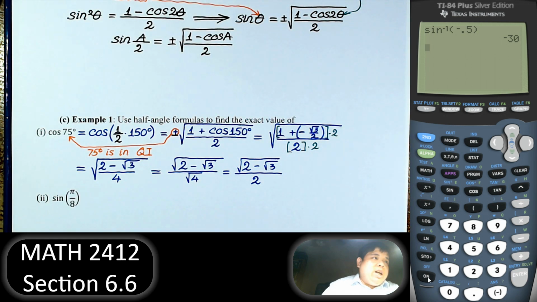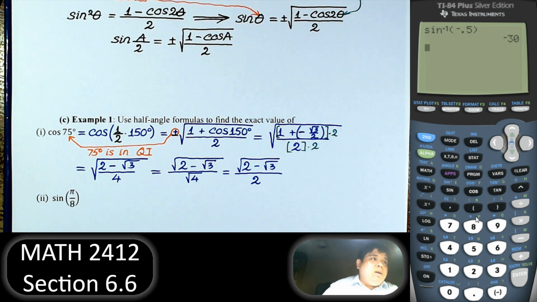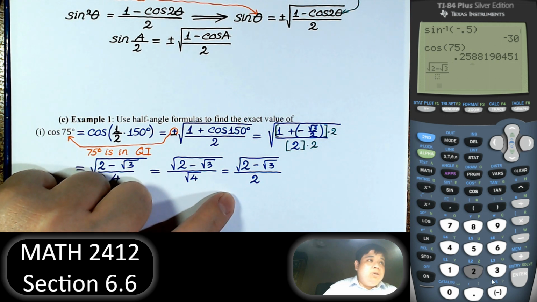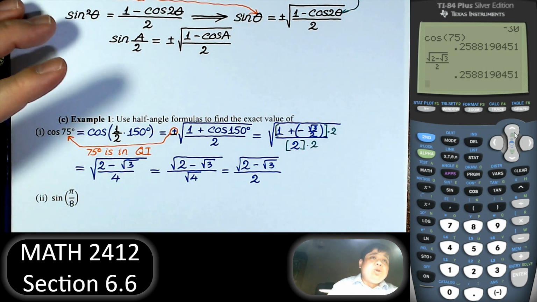Of course we can check, it is in degree mode. Yes, cosine 75 degrees, is that equal to this square root of 2 minus square root of 3 over 2? Yeah, so they're the same, so it's good.